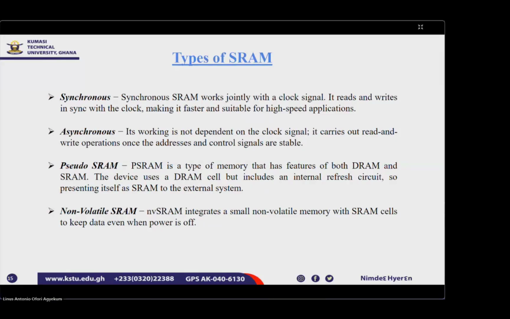So the pseudo SRAM has certain features of the dynamic RAM and the static RAM, and it uses a dynamic RAM cell and also uses the SRAM itself. Do you understand? Yes, sir. All right.